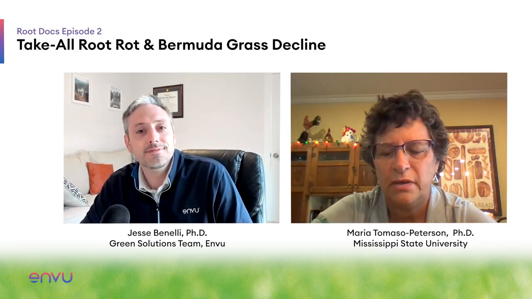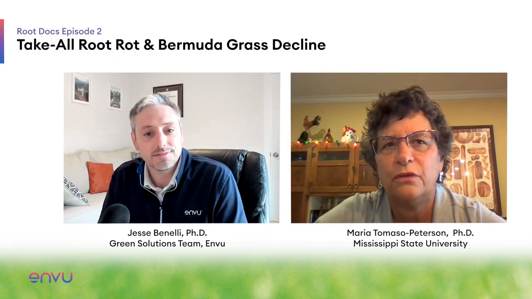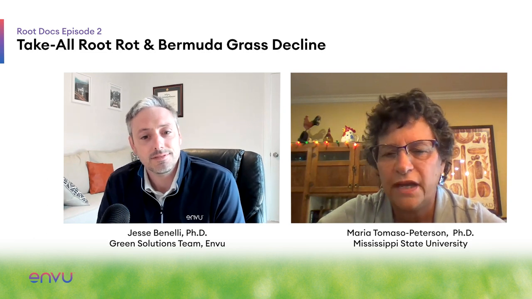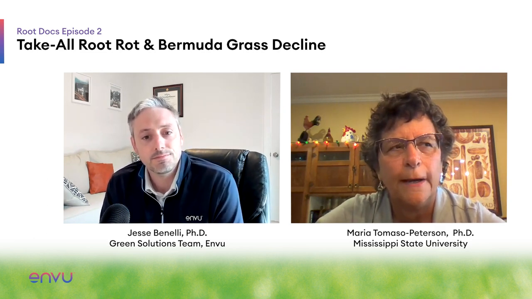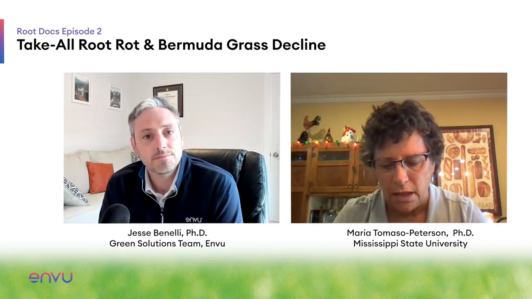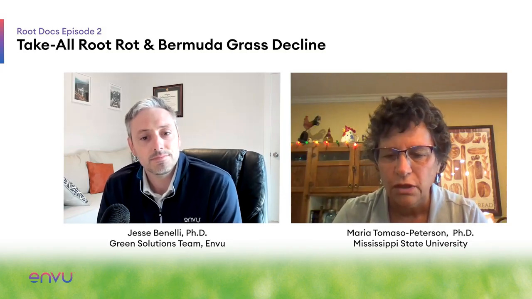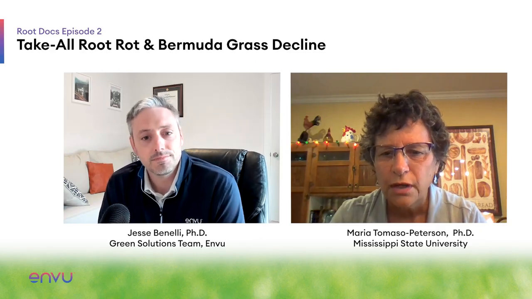Well, that's interesting because it's almost opposite. The cultural practices for take-all root rot decline are cultivation and core aerification. I've seen greens where, in the thinning aspect of that disease, they core aerified, and the only place they had grass was in those little cores.